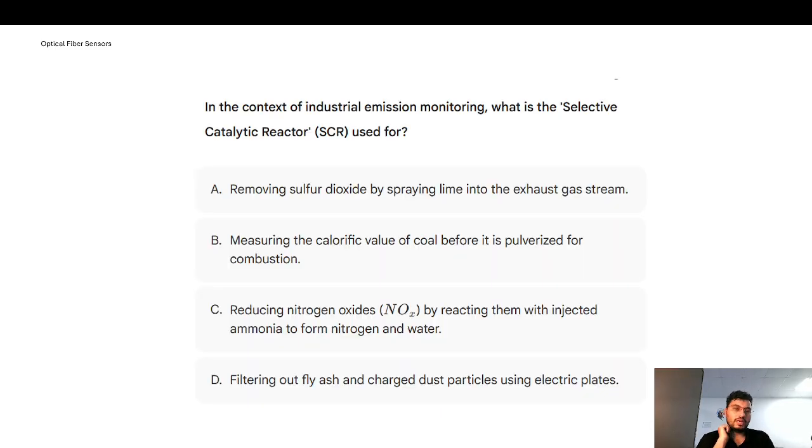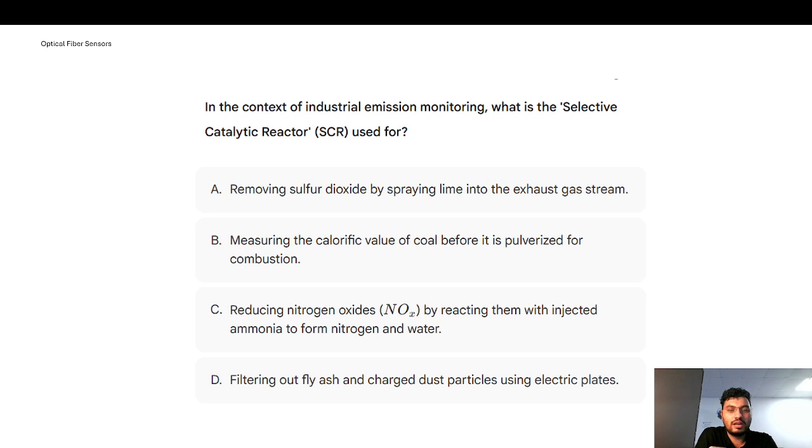Now moving towards the next question. In the context of industrial emission monitoring, what is the selective catalytic reactor, SCR, used for? First, removing sulfur dioxide by spraying lime into the exhaust gas stream.